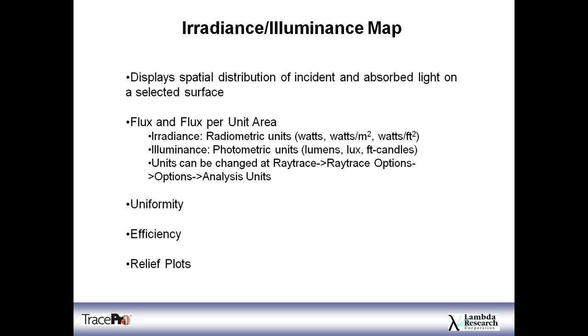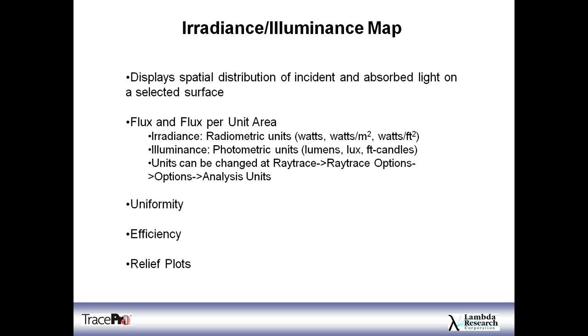So these would be lumens or lux, lux being lumens per meter squared, or foot candles. Foot candles is lumens per foot squared. And the units can be changed by going to Ray Trace Options and Analysis Units in TracePro.